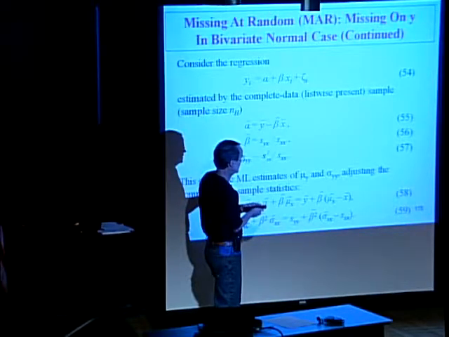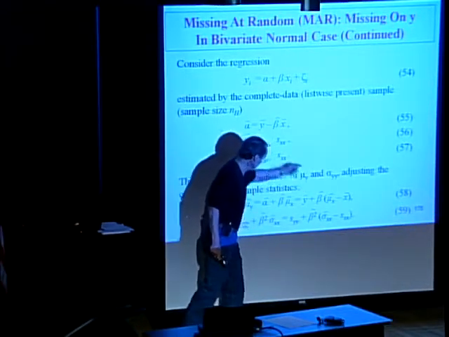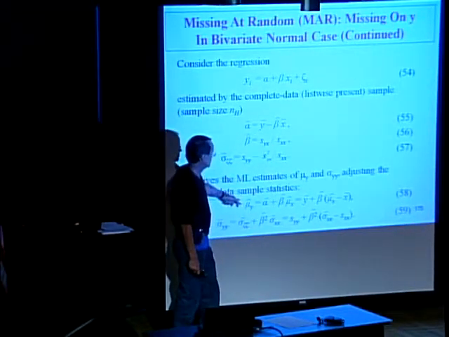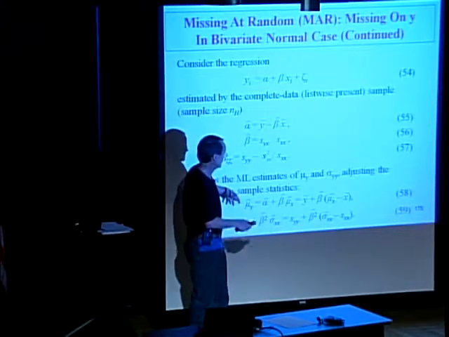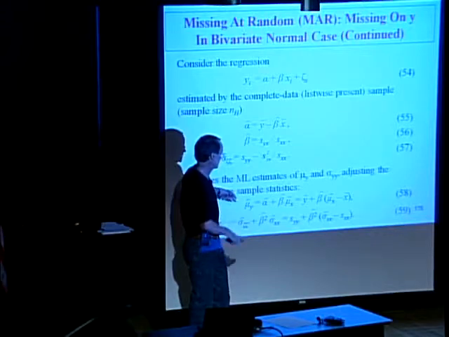Y bar is created from this part of the data box, right? The complete data people. This is what you would estimate the mean of Y to be if you use listwise. It would only be correct if you have MCAR.